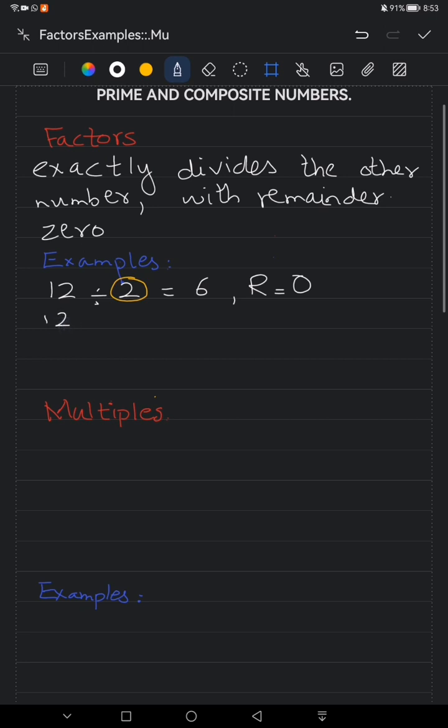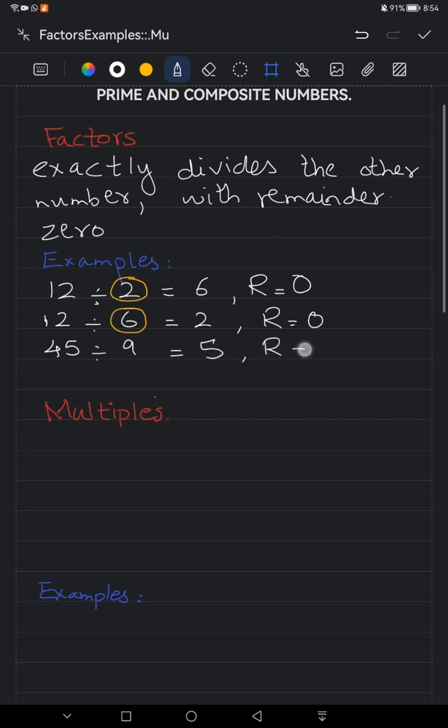Similarly, if I divide 12 by 6, the answer is 2 and the remainder is 0. So 6 is exactly dividing 12 without any remainder. So I can say that 6 is a factor of 12. Another example, if I divide 45 by 9, the answer I get is 5. 9 times 5 is 45.